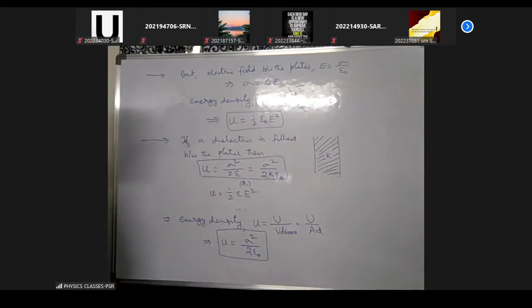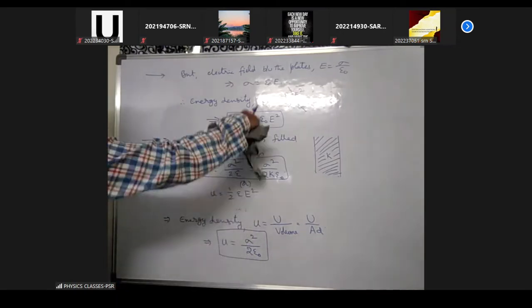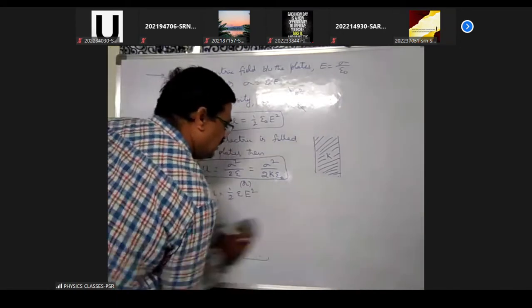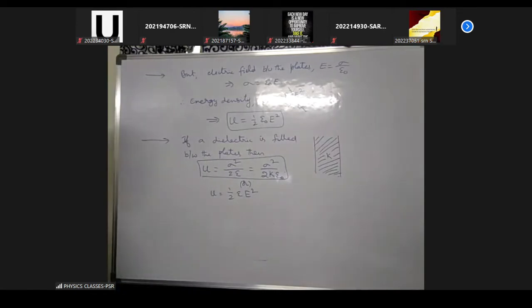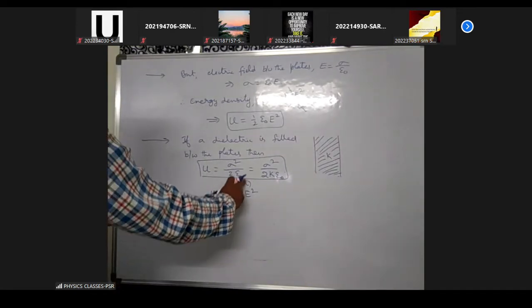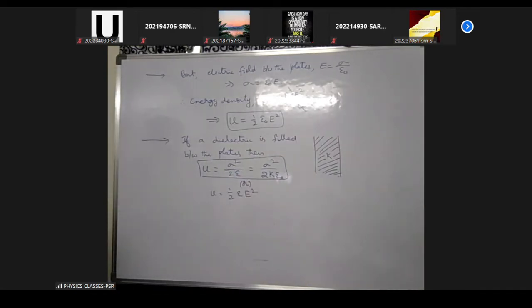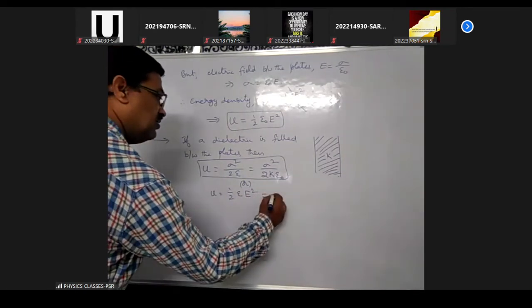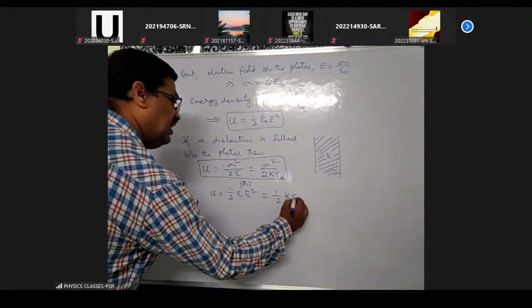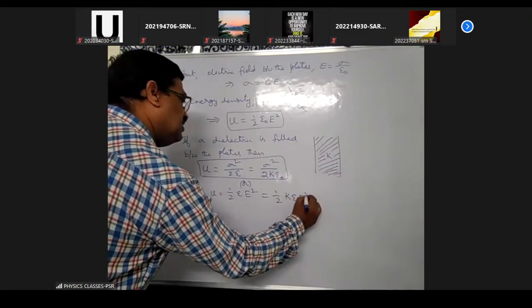So here, how can you write this formula in another form? What is the value of epsilon here according to this? Half K epsilon naught E square.